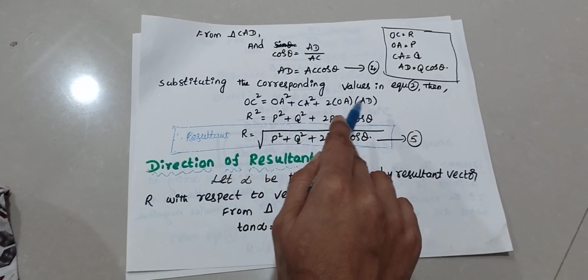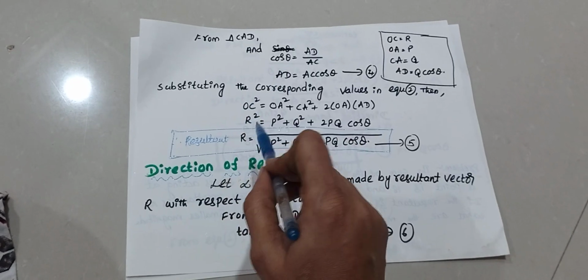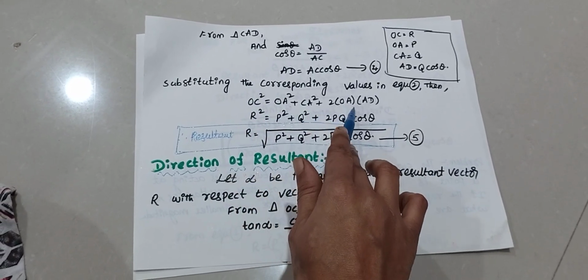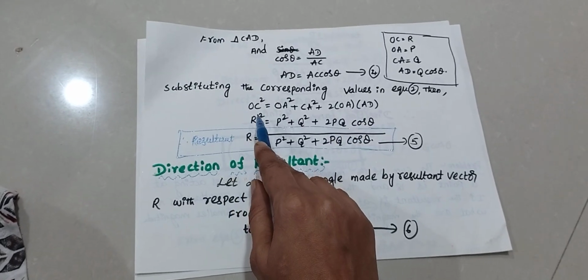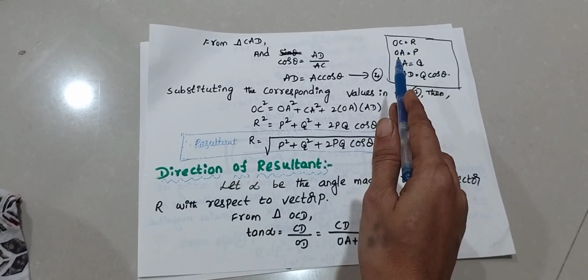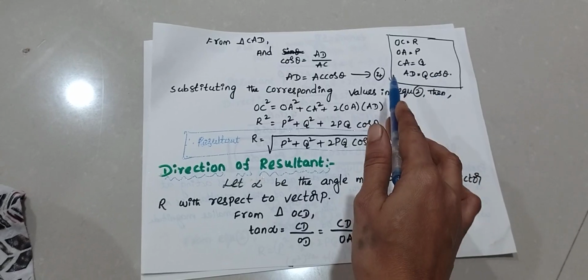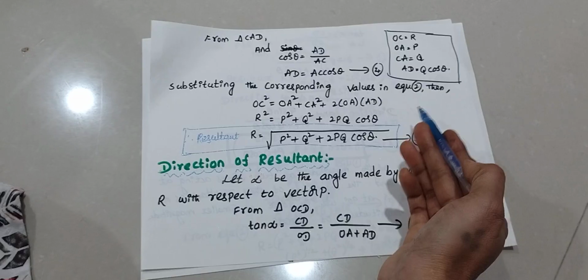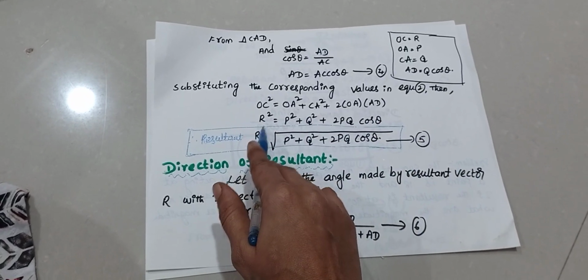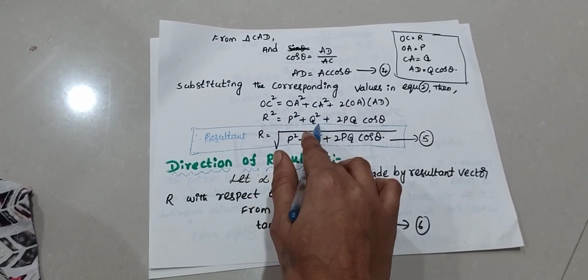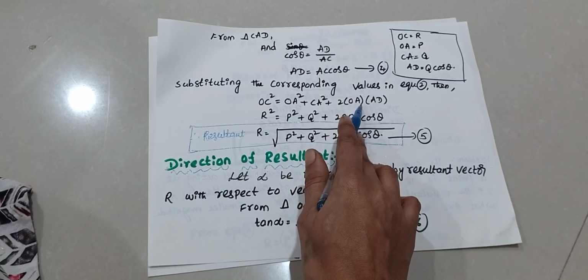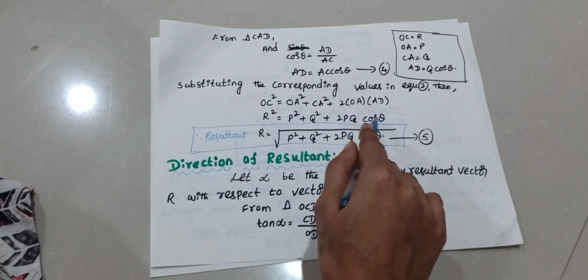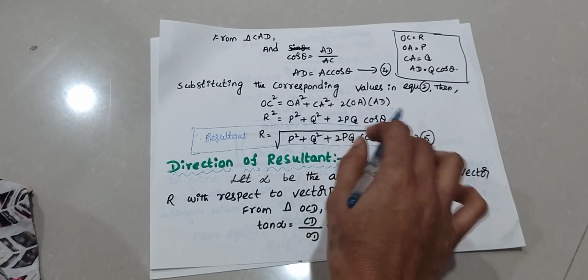Substituting the corresponding values in equation 2. What is equation 2? OC square is equal to OA square plus CA square plus 2 OA into AD. From the figure, OC is R, OA is P, CA is Q, and AD is equal to Q cos theta. So R square is equal to P square plus Q square plus 2PQ cos theta.